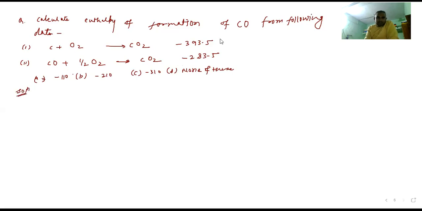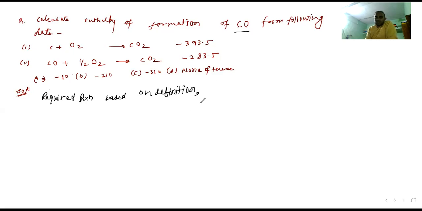What is the solution all about? Can you please check this solution? The required reaction is always based on the definition. The definition is formation of 1 mole of product from elements.